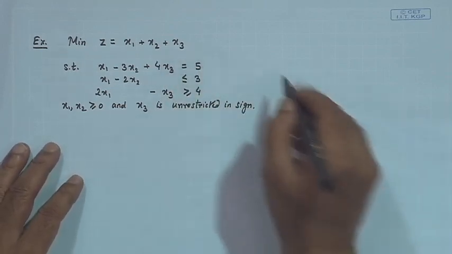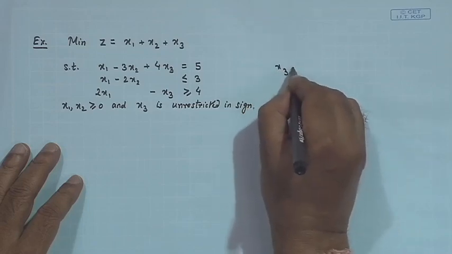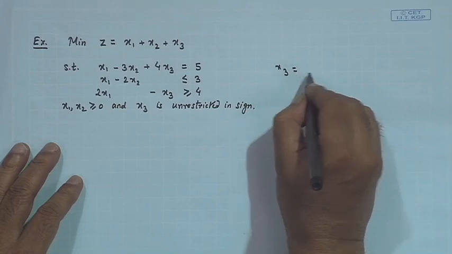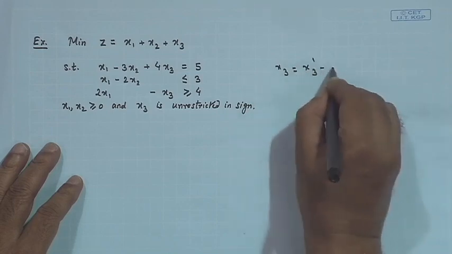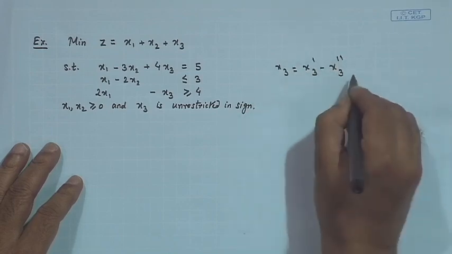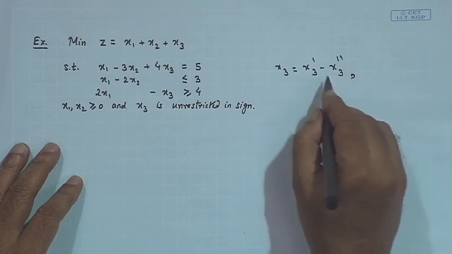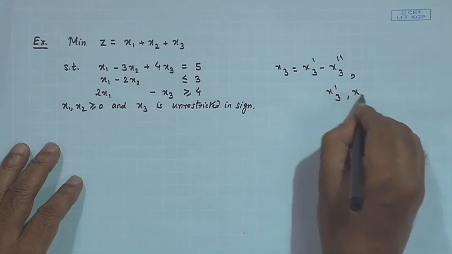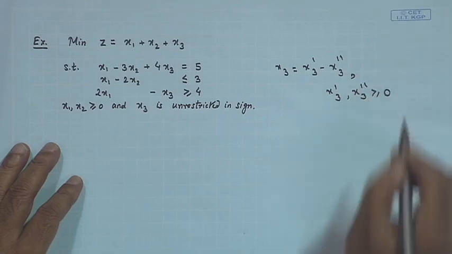Since your variable x3 is unrestricted in sign, x3 can be written as x3 dash minus x3 double dash, which we have done earlier itself, where both x3 dash and x3 double dash are greater than or equal to 0.